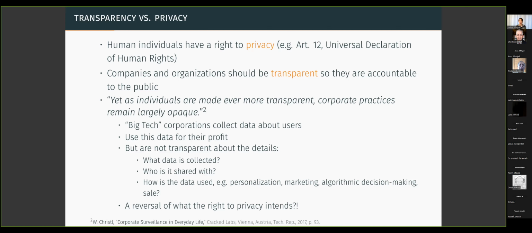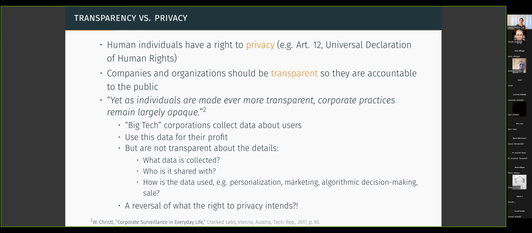And in this Universal Declaration of Human Rights, it has a really exposed position, right? It's there alongside other things like liberty of the person, the right to be free from torture, freedom of speech, all these kinds of things. So privacy is right up there with those.